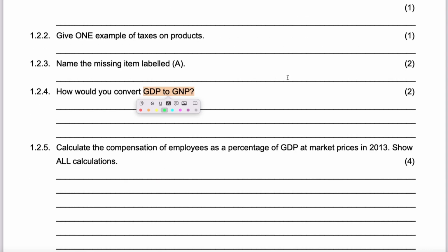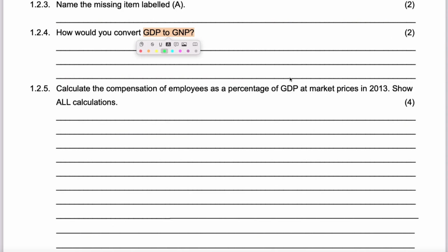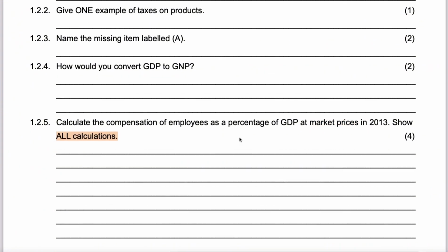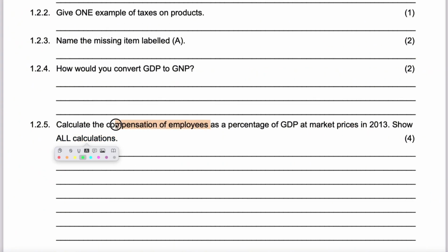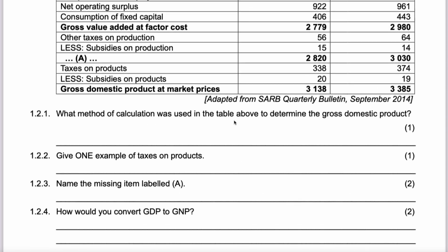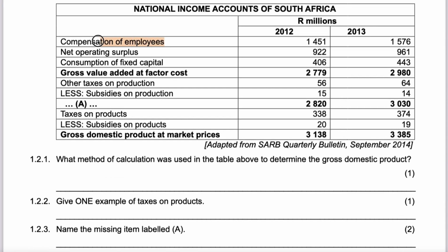Right, then calculate compensation of employees as a percentage of GDP at market prices, okay? In 2013, show calculations, compensation of employees. So that's the first item. So what we need to do, we look at compensation of employees, then we look at market prices. So we're taking the first and the last, and we calculate this contribution to this.